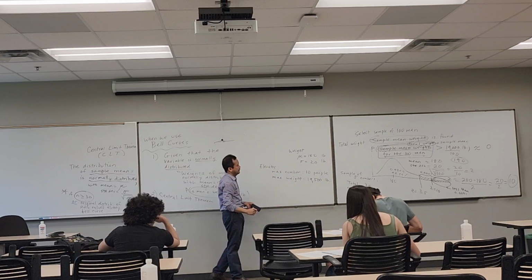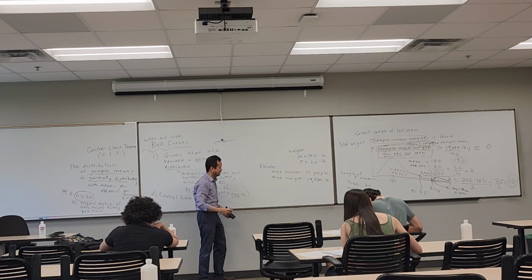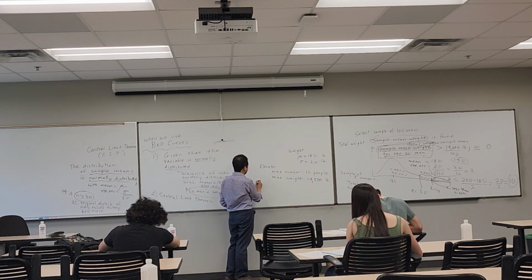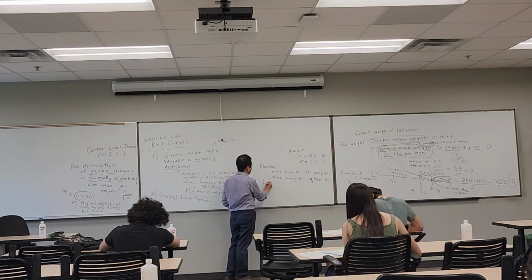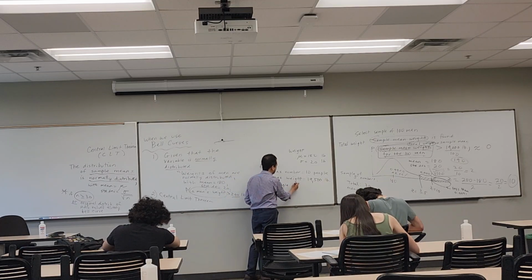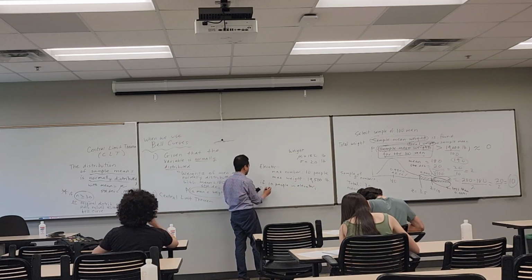So the question is, if you have 10 people in an elevator, what's the probability the elevator is going to fail? If 10 people are in an elevator, what's the probability that the elevator fails?